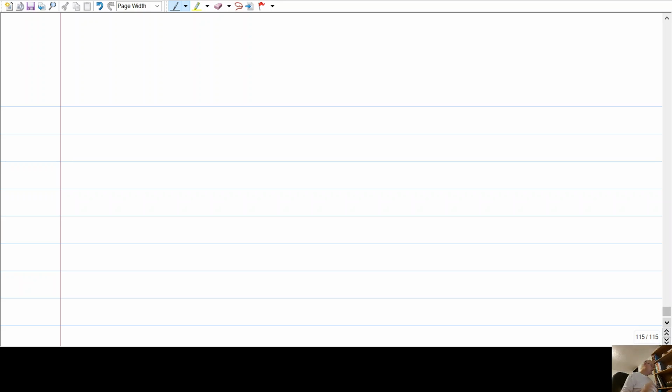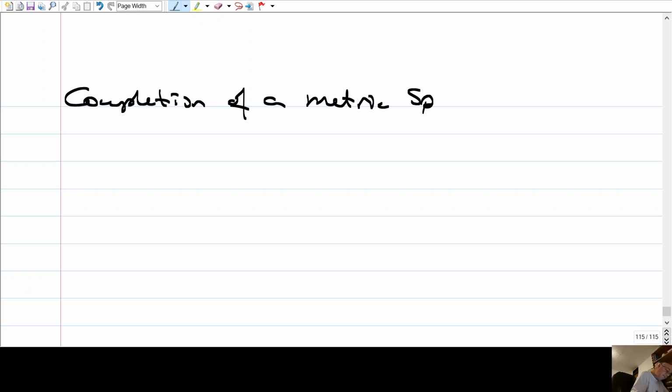So that's one thing. Now, finally, we will consider completion of a metric space. Remember that R is complete, right? But Q is not complete, and R is obtained from Q by some procedure.